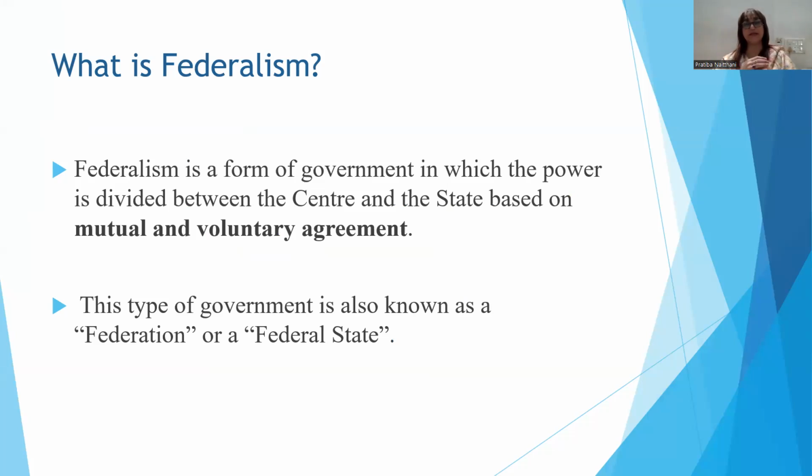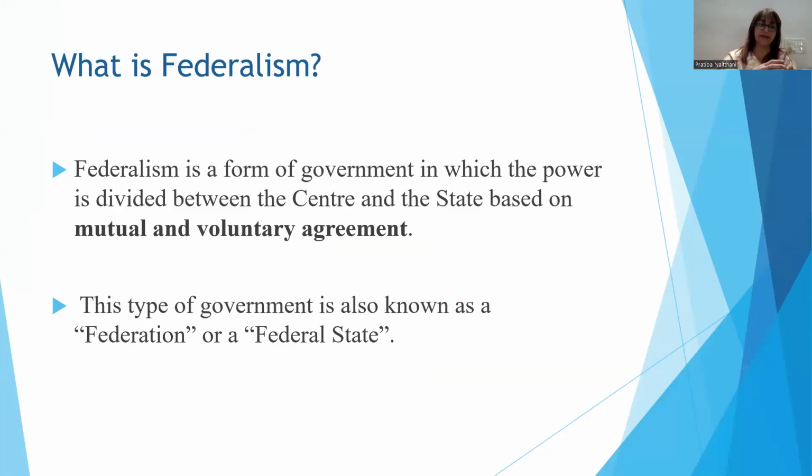As you can see on your screen, federalism is a form of government in which the power of the government is divided between the center and the state. That means you have one central government which has authority over the entire territory of that nation.